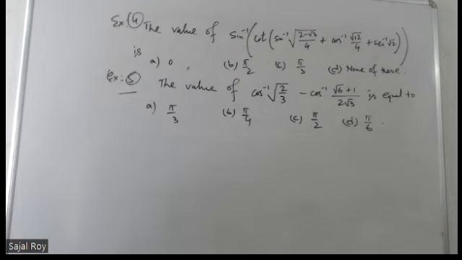What is the option for the first one? Option A, it is 0, right?